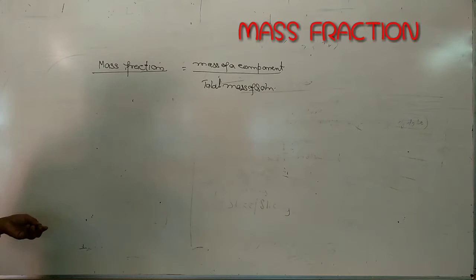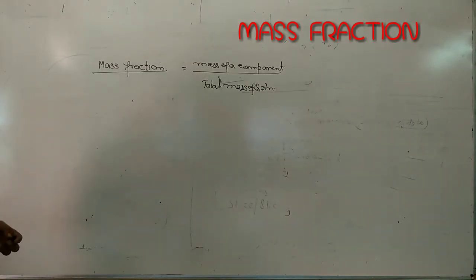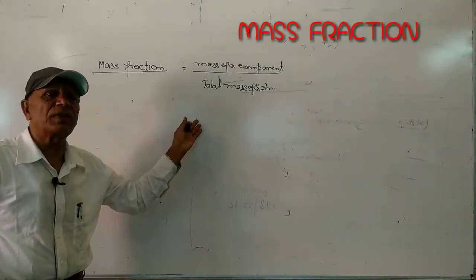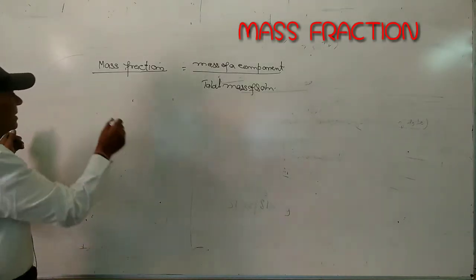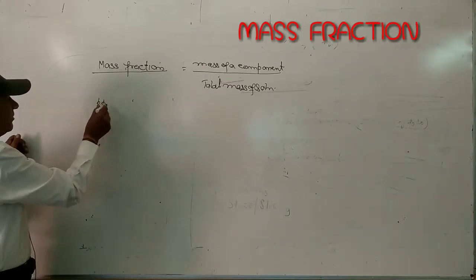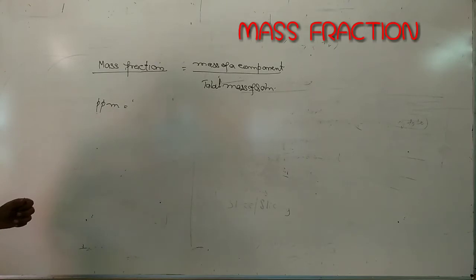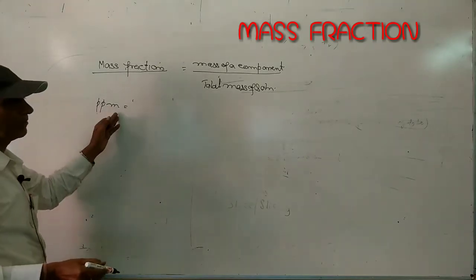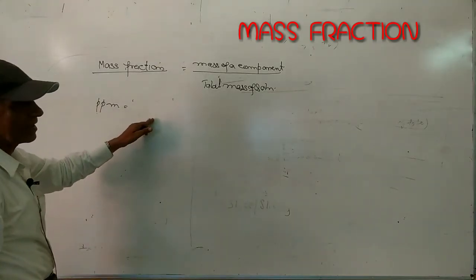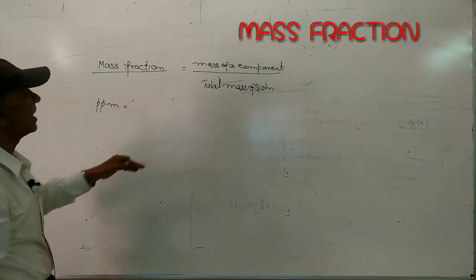Then another way to express the concentration of a solution in which the quantity of the solute is very, very small is ppm, parts per million. That is the number of parts of a component to the total parts of the solution present in 1 million.